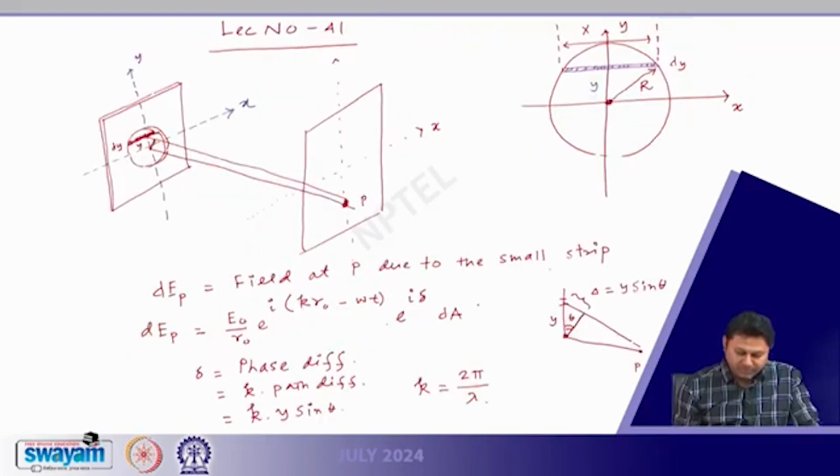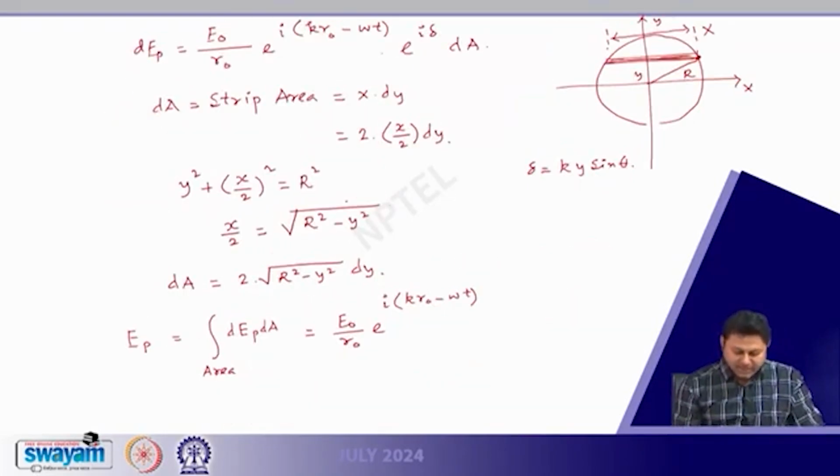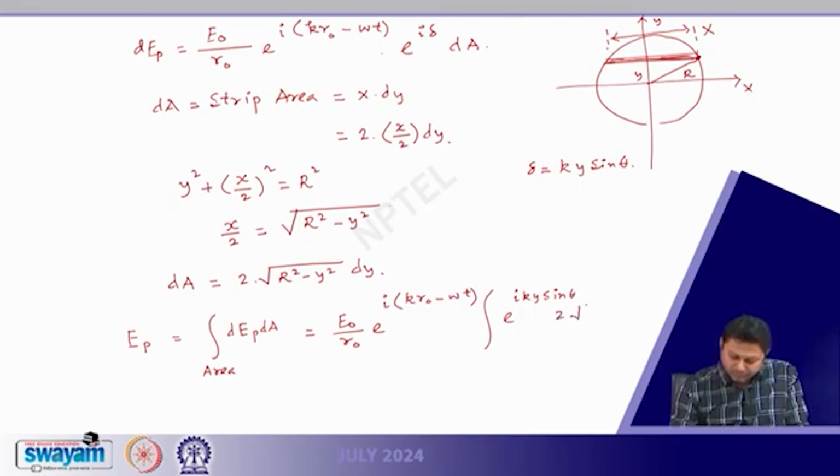Center to center means I am talking about this distance from here to here, this is R naught, and then I integrate, and this we will have e to the power I delta, which is I k y sin theta, and then we have 2 of root of r square minus y square and dy.